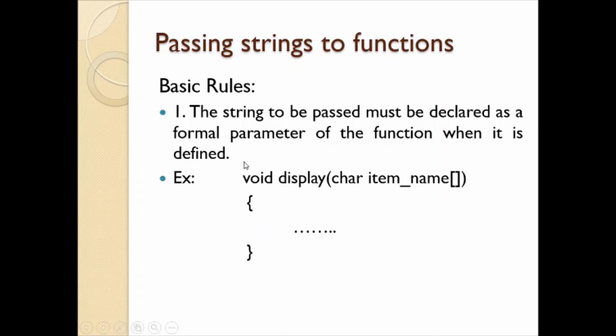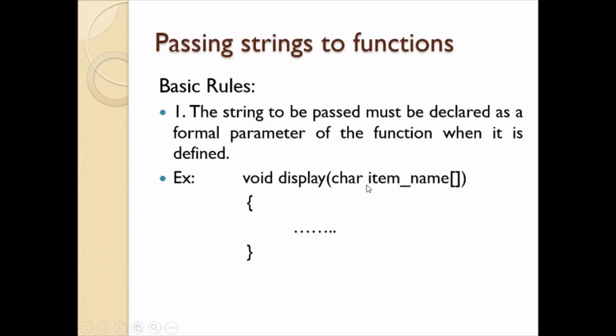So whenever you want to pass a string as an argument, the function definition should declare the string. In C, strings are considered as a character array. So this is how you declare the string in the function definition.